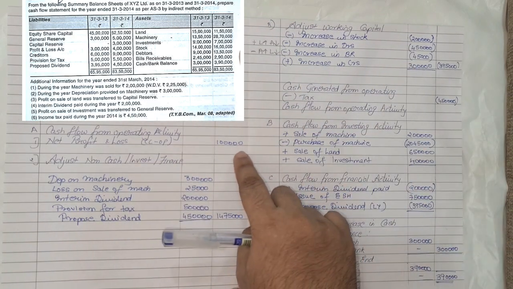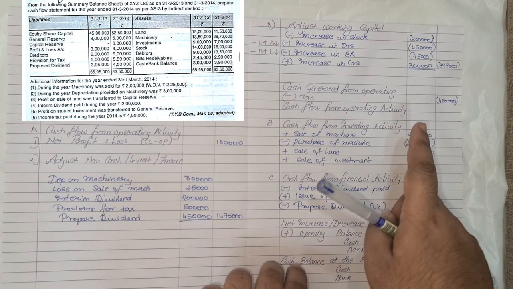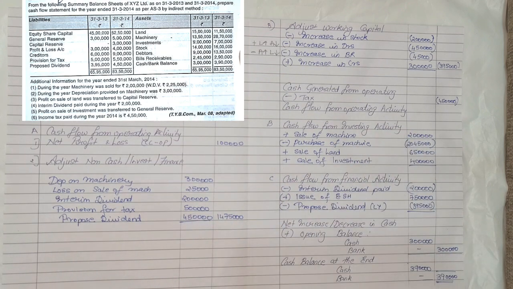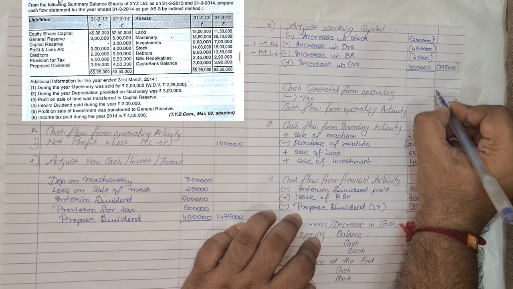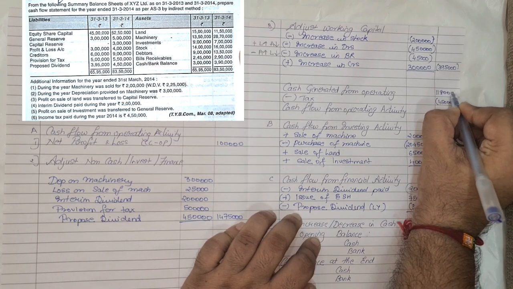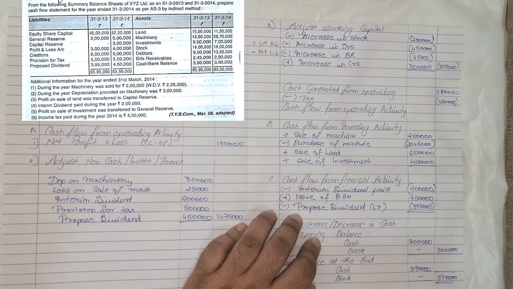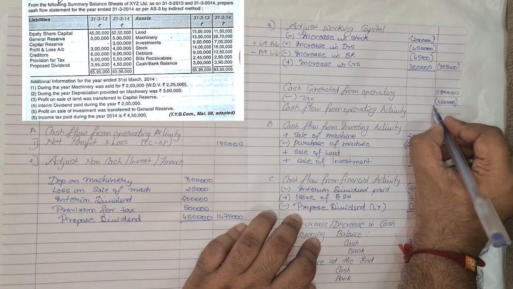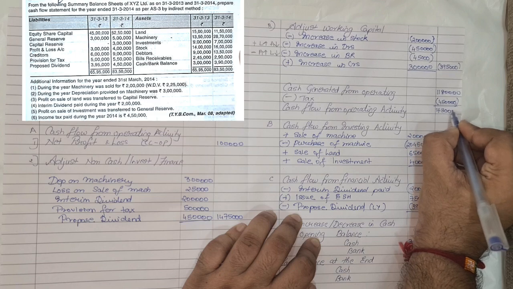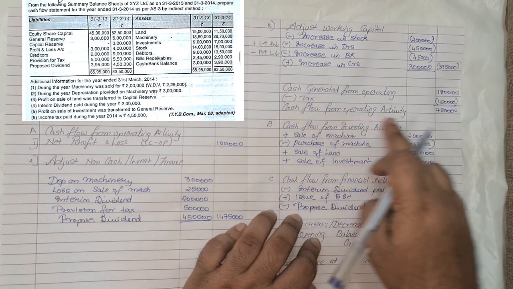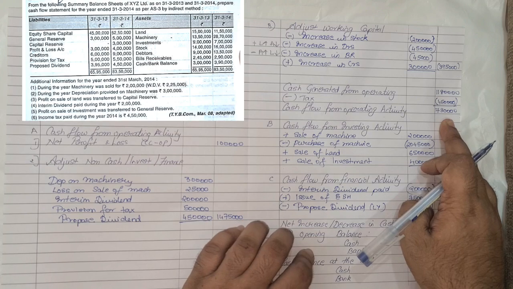Now very simple. Net profit plus adjustments, less the non-cash, less the working capital adjustments. So 1 lakh plus 14 lakh 75,000 minus 3 lakh 95,000 will give you 11 lakh 80,000, that is cash generated from operating activities. So 11 lakh 80,000 less 4 lakh 50,000 comes to 7 lakh 30,000. So cash flow from operating activity is 7 lakh 30,000.